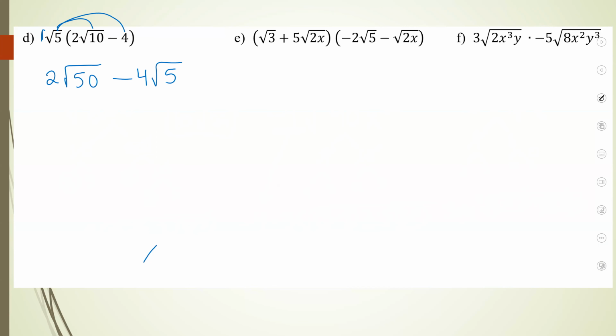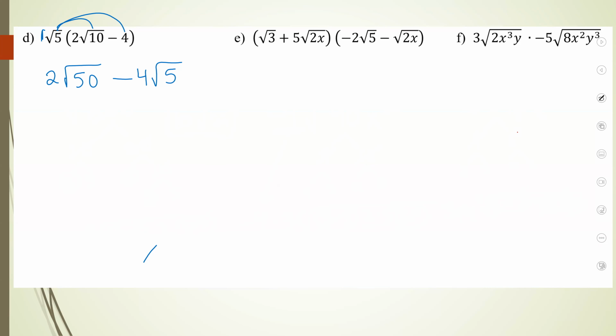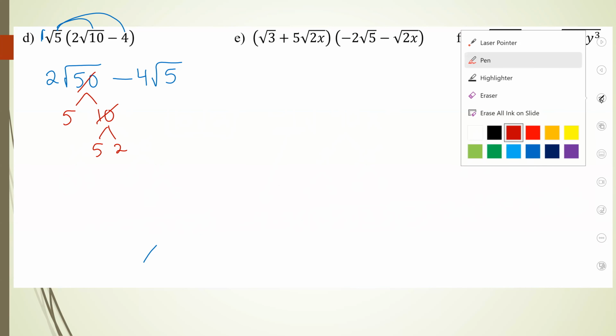Okay, now let's simplify and see if we can combine these. We're going to have to do what we did yesterday, which is adding and subtracting these. So I'm going to go ahead and simplify this. 2 numbers that can give me 50, 5 and 10. This can be 5 times 2. And I want groups of 2, correct? Okay.